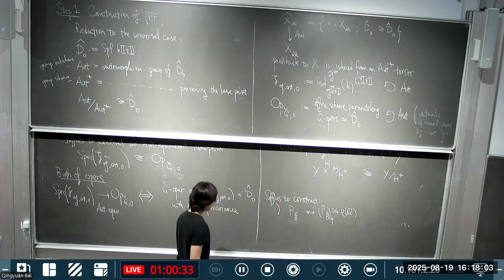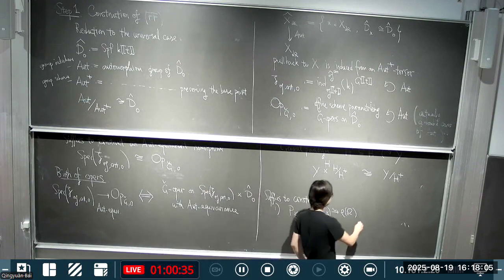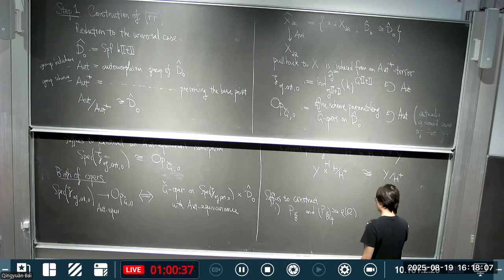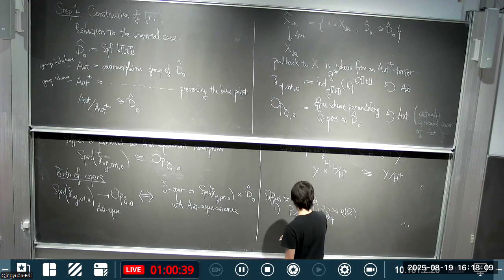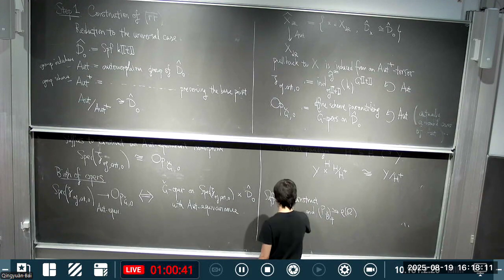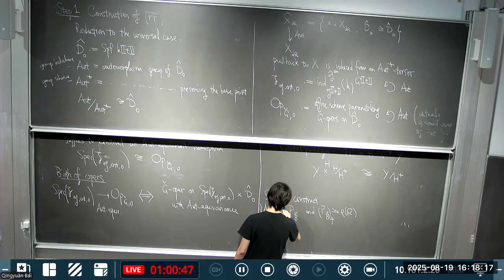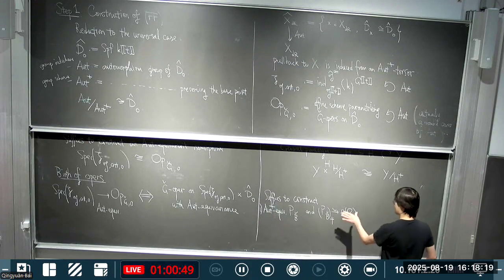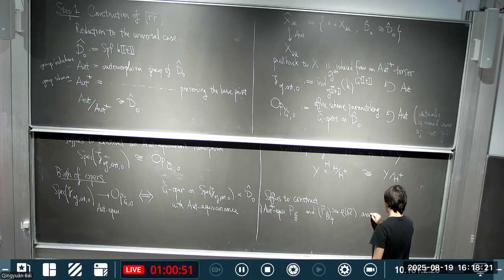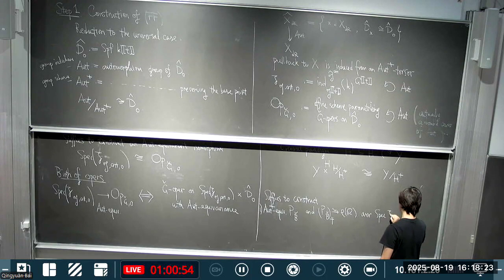And these can just be constructed over here. So one is, I think, Alt plus equivariant, this and that over Spec Z g crit. Standard.